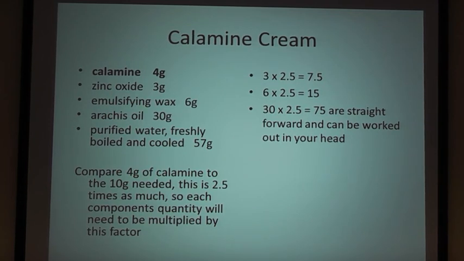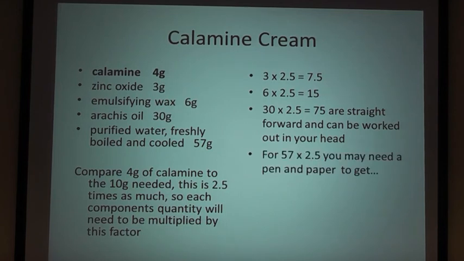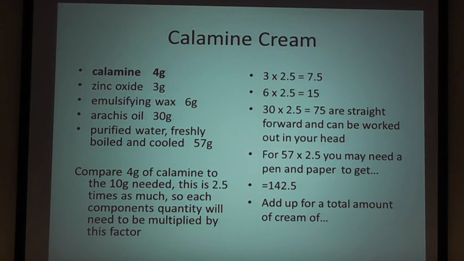So you need to be able to multiply these decimal numbers and get the correct answer. For 57 times 2.5, you may need to get a pen and paper to make it work out. And the answer is 142.5.